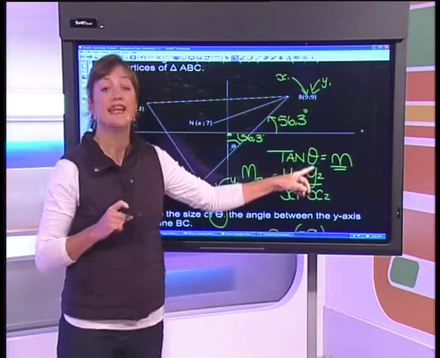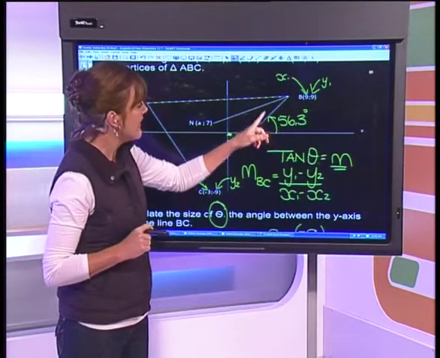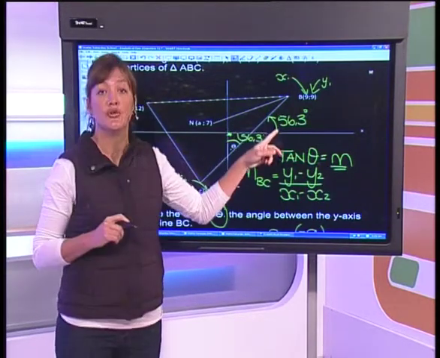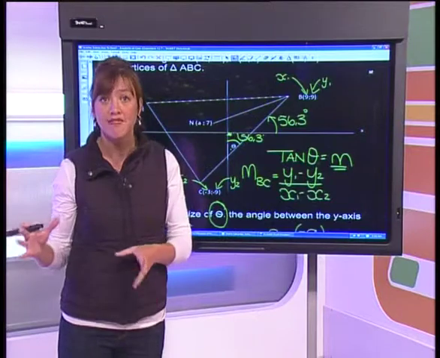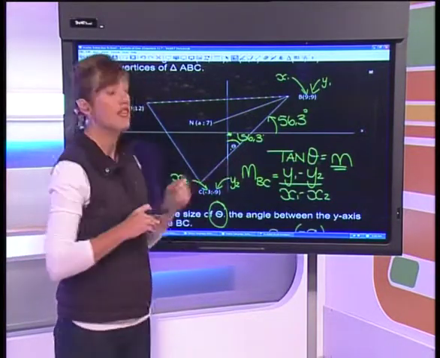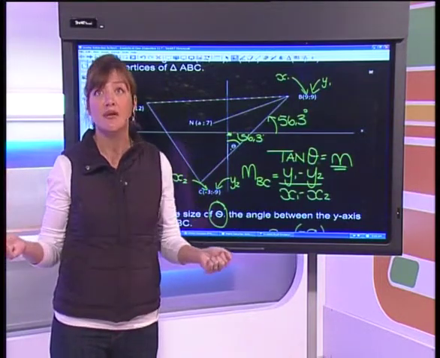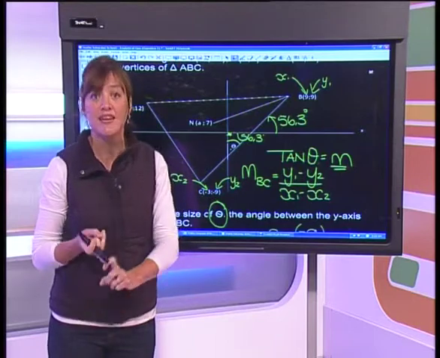But when we use our tan theta equals gradient, the angle that that is going to find is the angle from your x-axis to your gradient. Once you have found that angle, you are then going to have to work your way towards the angle that we are actually trying to find. So that could be by means of vertically opposite angles.